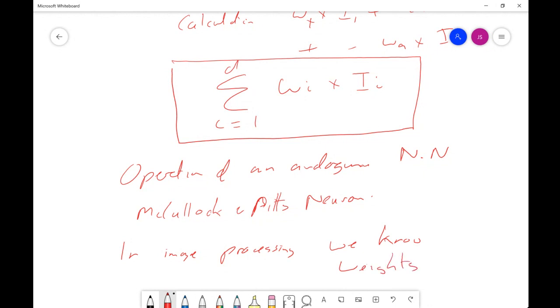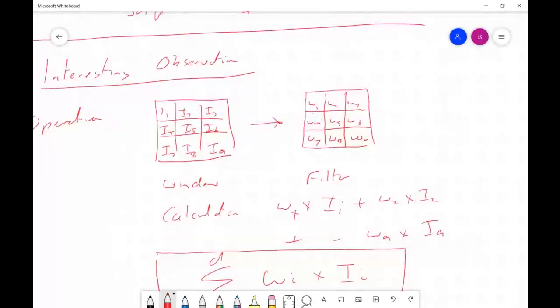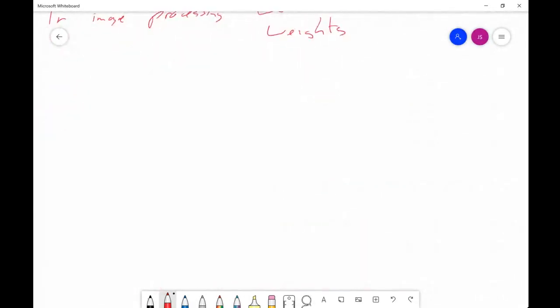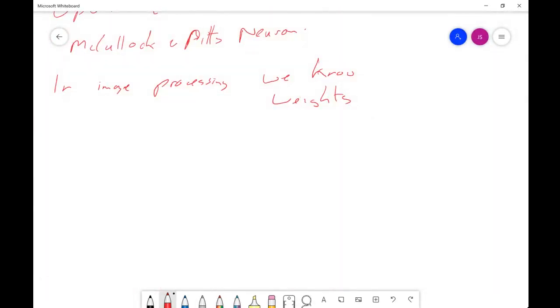Which are the weights for the filter in the case of the low pass filter, or the high pass filter, more interesting. High pass, the weights are -1, -1, -1, -1, -1, -1, -1, -1, +8. So those are the weights. We know them at the start of the operation.